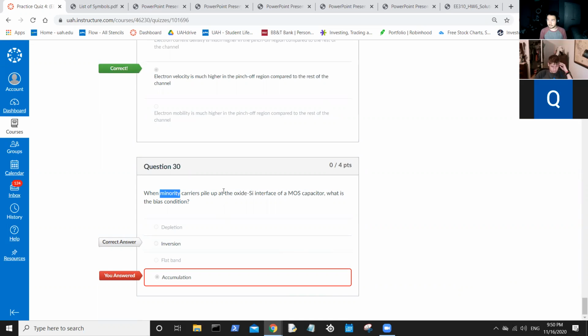Remember to read the question, because I sometimes don't. When minority carriers pile up at the oxide silicon interface, the bias condition is inversion. Those are the conditions for inversion, not accumulation, because inversion is directly related to the minority carriers, hence the name inversion. It inverts which carrier is more important at the moment.